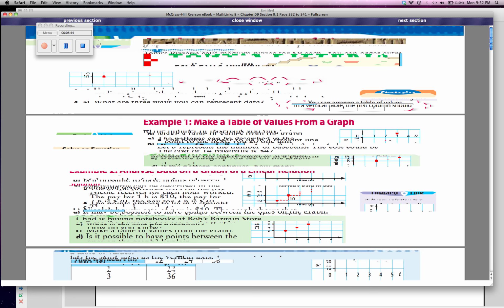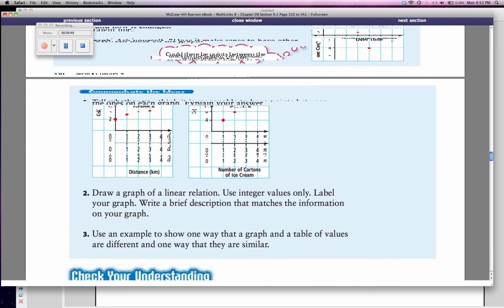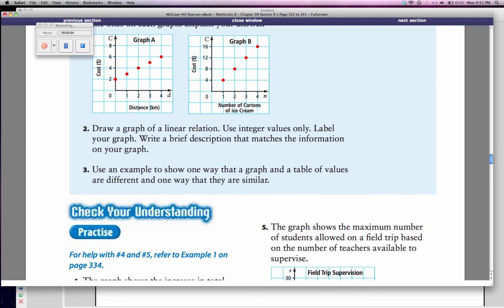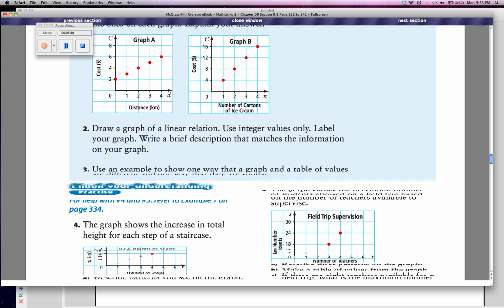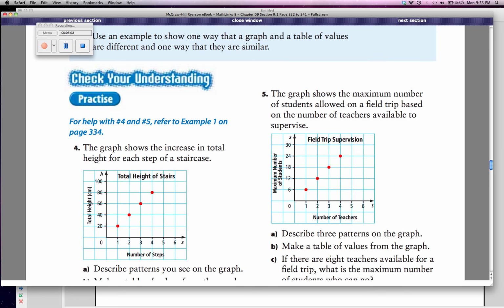And now what you have to do is please do pages 337 to 341 in your textbook. Now I will open that textbook piece up again. As we scroll through this, you will see those key ideas. Communicate. 2, graph the linear relationship.